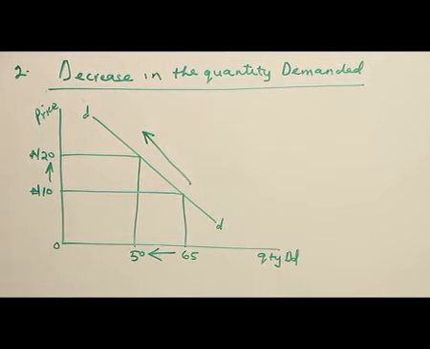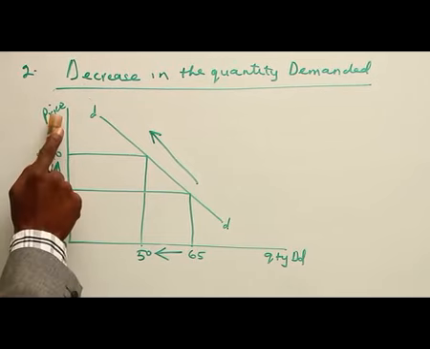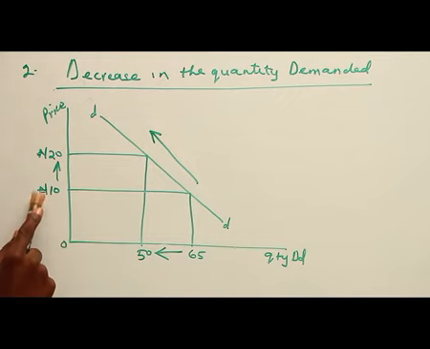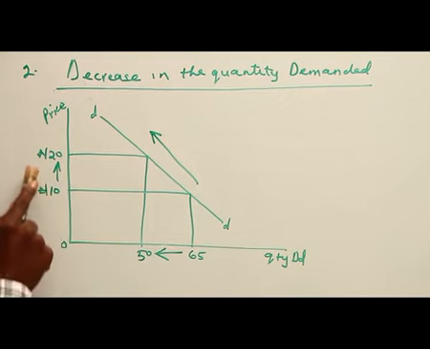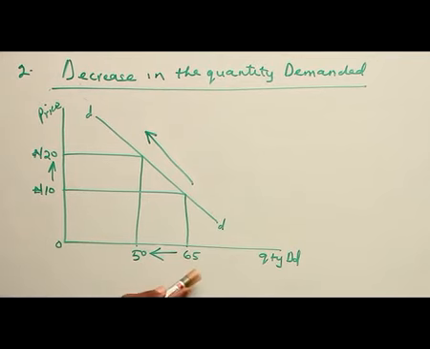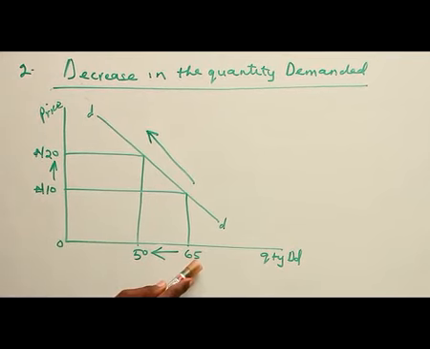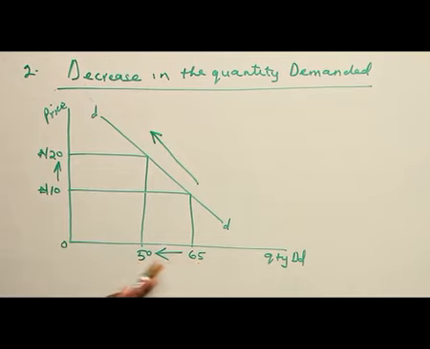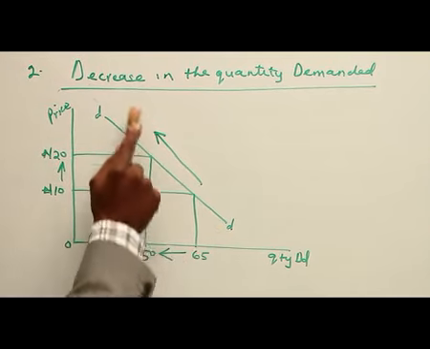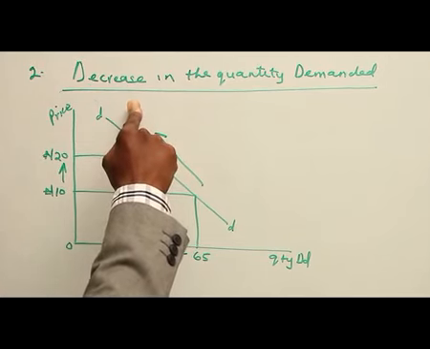From the diagram above, this is the price axis, this is the quantity axis. And we can see our price moving from 10 naira to 20 naira. But coming to the quantity axis, we observe that quantity demanded decreases from 65 to 50. And the demand curve happens to be what? Downward sloping.